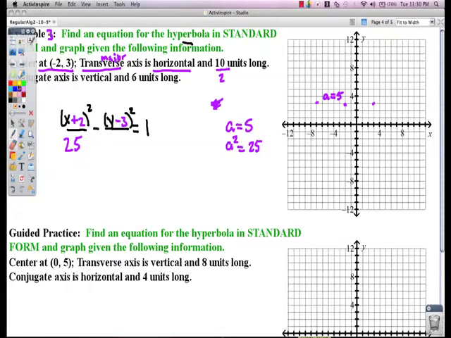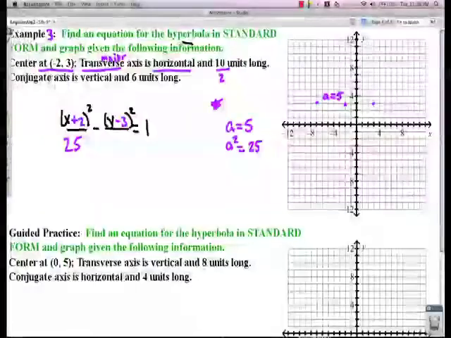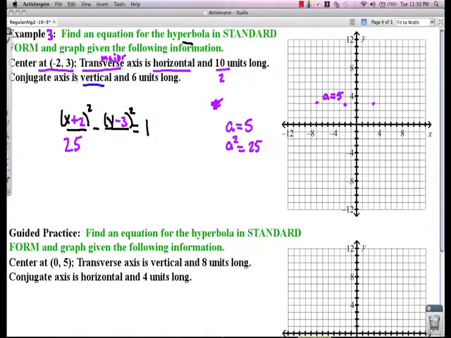So how do I get the last part of this? I'm going to go to the conjugate axis is vertical. It tells you that, which you should have already known because it's going to go opposite of the transverse, but this is going to be 6 units long. Remember, that's from endpoint to endpoint, so this you want to divide by 2.